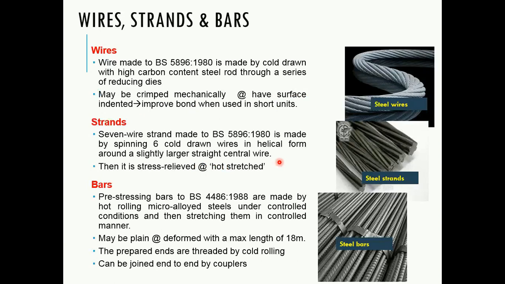Okay, wire, strand, and bar for pre-stressing. So we have wires made based on BS standard, which are cold drawn with high carbon content. And then strand, which is a 7 wire strand, where we spin 6 cold drawn wires in helical form, and then we relieve the stress. And also bar is pre-stressing bar.